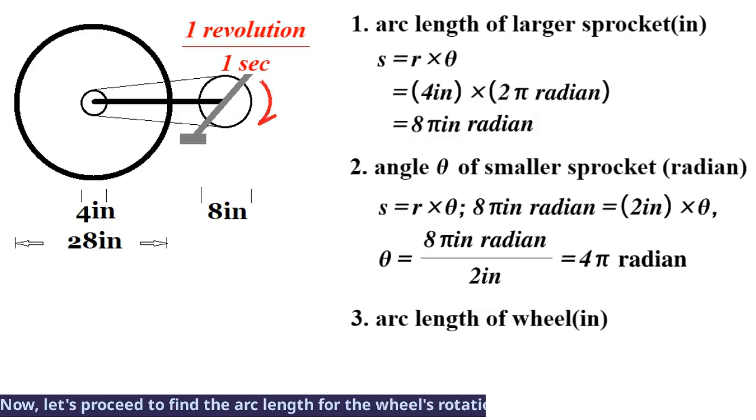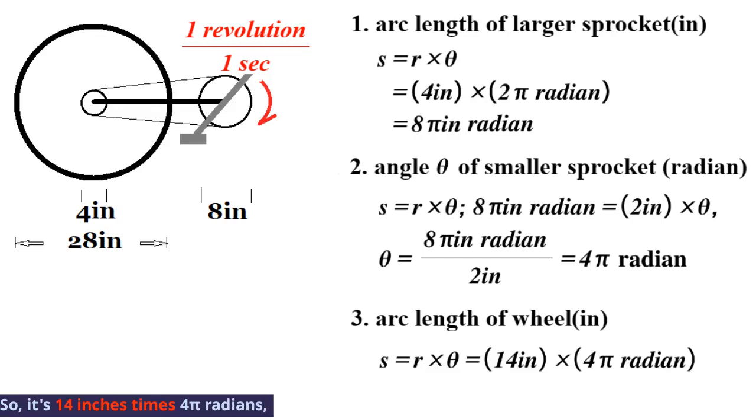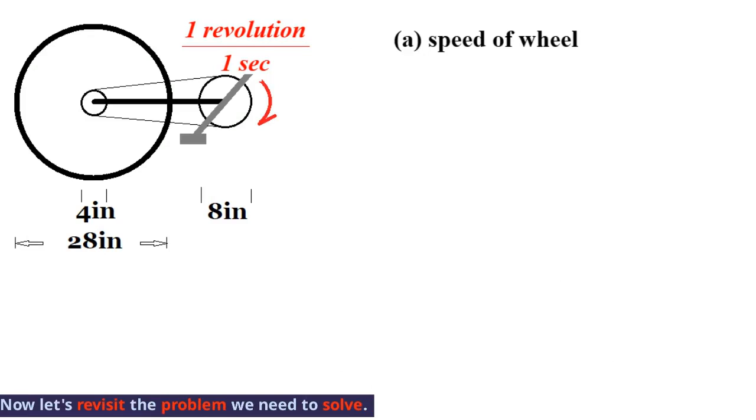Now, let's proceed to find the arc length for the wheel's rotation. S equals radius times theta. So, it's 14 inches times 4 pi radians, which equals 56 pi inches. Now let's revisit the problem we need to solve.